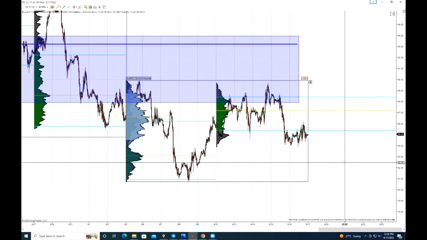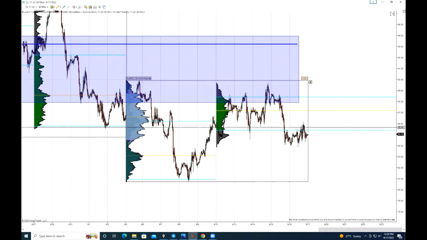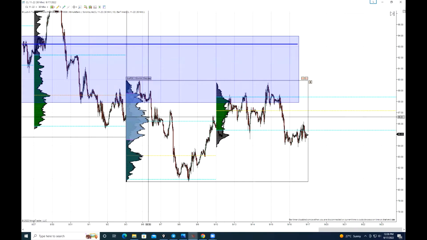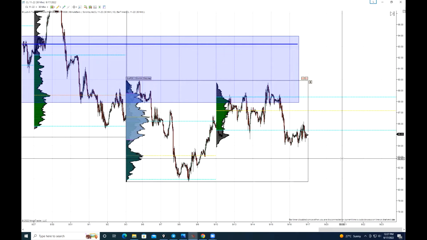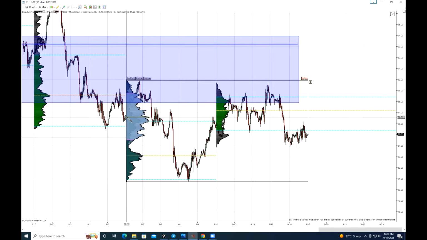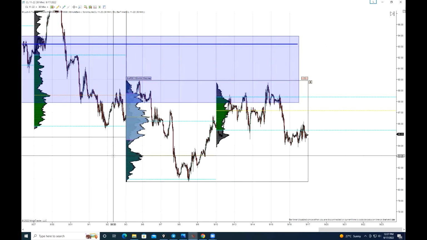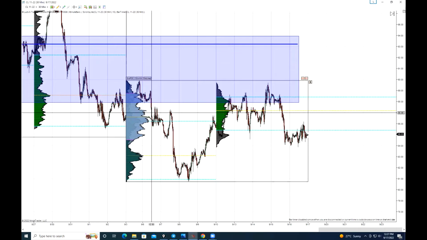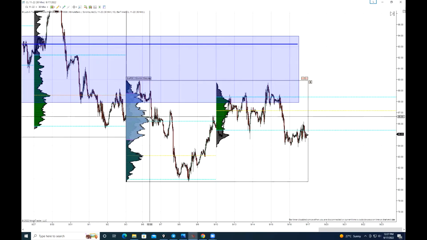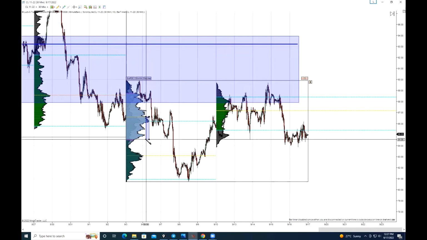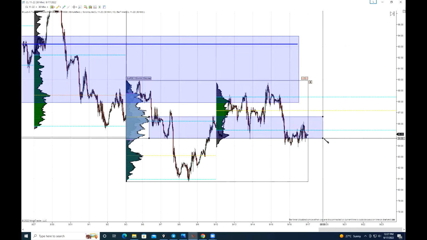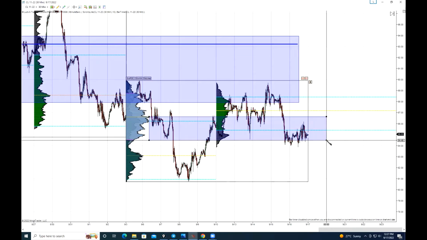If we combine these two, we can see there are some open levels right here. We have the volume point of control of the two weeks composite, and the value area low of the two weeks composite right there.